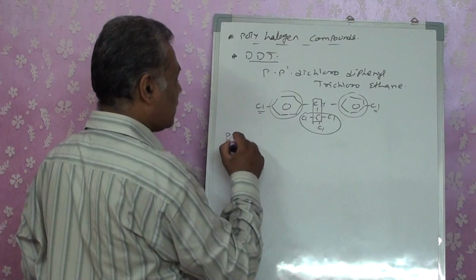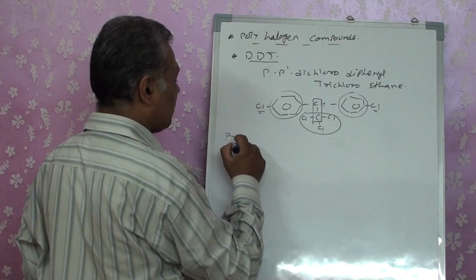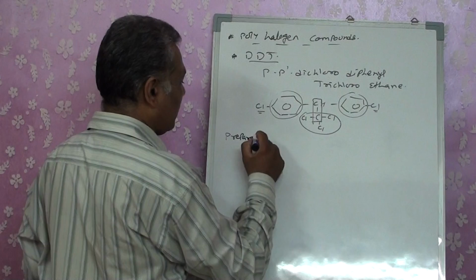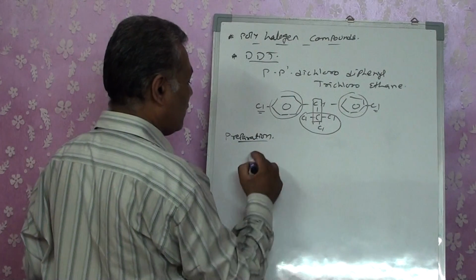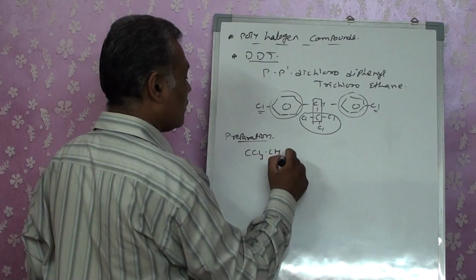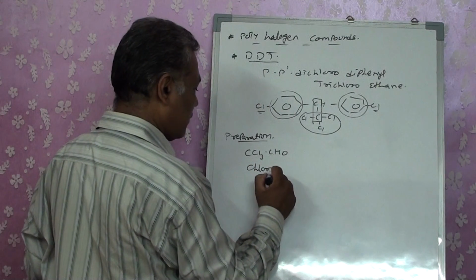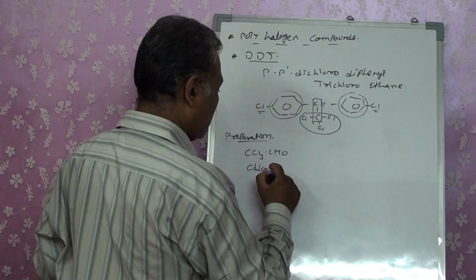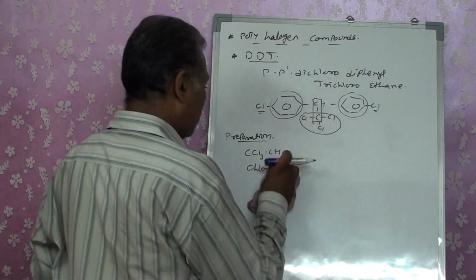How can we get its formation? Preparation of it. We take CCl3CHO. This compound is known as chloral.